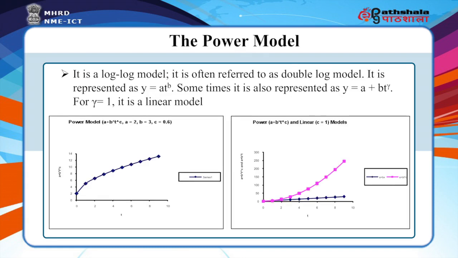It is a log-log model. It is often referred to as a double log model. It is represented as y = at^b. Sometimes it is also represented as y = (a + bt)^gamma, for gamma equal to 1.